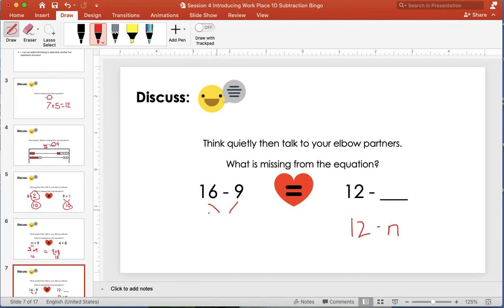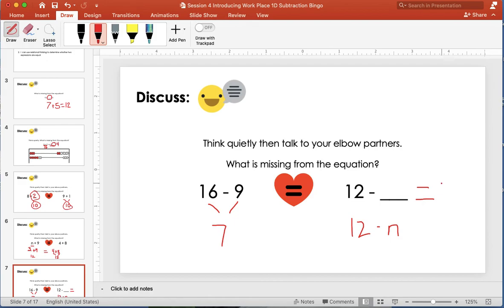Okay, 16 minus 9 is equal to 7 because I know 7 plus 9 is equal to 16. So now I want to know 12 minus what is going to equal 7. So how many do I have to take away from 12 for it to equal 7?